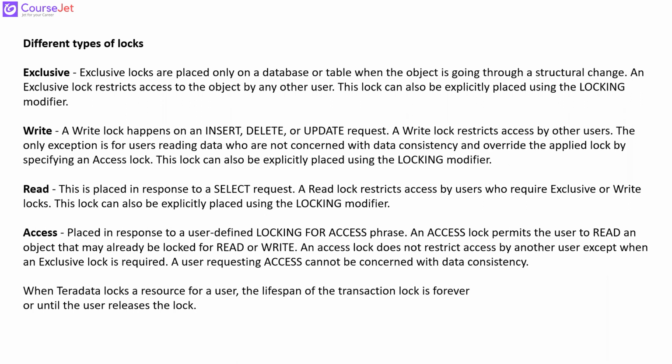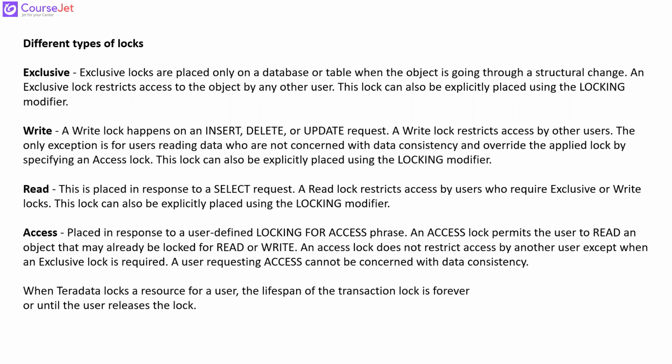Okay. The next one is the write lock. The write lock happens when you do an insert, update, or delete operation. So the write lock restricts the access by other users. The only exception is when the user is reading the data and is not concerned with consistency, which we can call a dirty read.